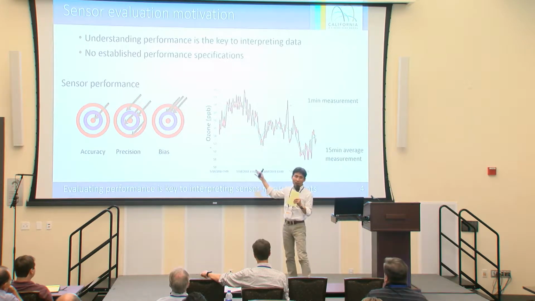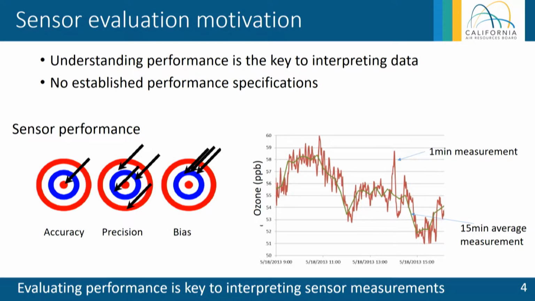And if that is converted into time series data, this is a chart from the EPA's sensor guidebook, and this is ozone data in ppb. The red line is the 1 minute measurement, and the green line is a 15 minute average measurement.